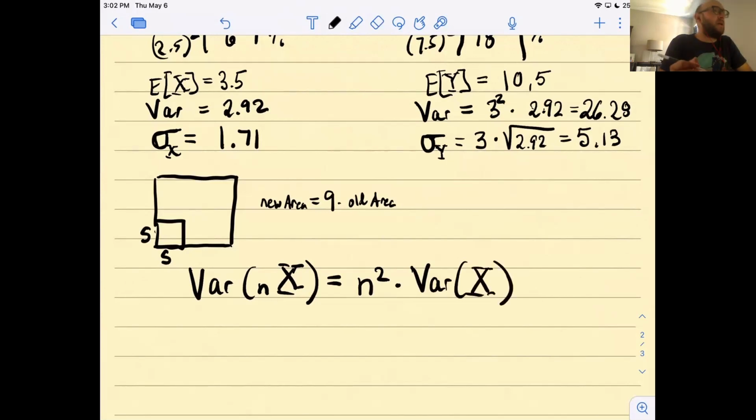And it's not hard to believe why this is true. Just based on how you calculate variance, n squared pops out. And similarly, the standard deviation of nx, well, it's the square root of the thing above. So that just becomes n times the original standard deviation.